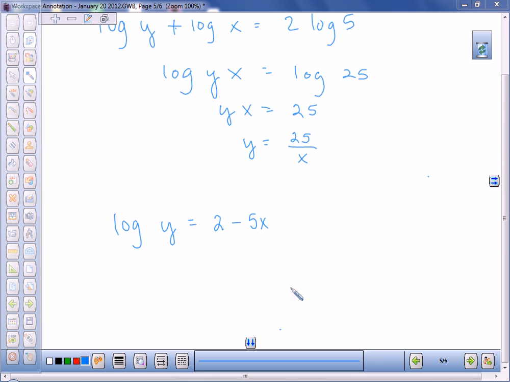Okay, now let's take a look at this one. If we're going to solve this one for y, right now we have log of y equals 2 minus 5x. What is the understood base here? 10. So if I were to switch forms, it would become 10 to what? 2 minus 5x.